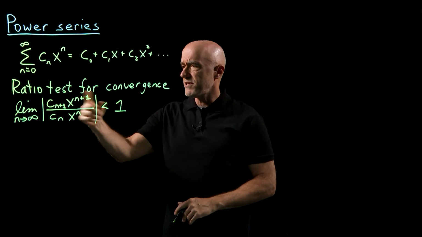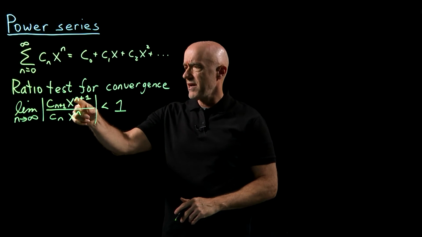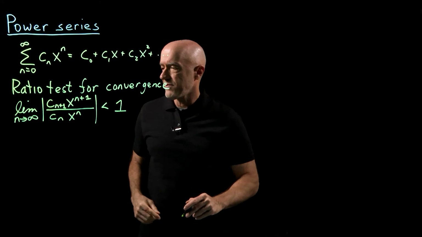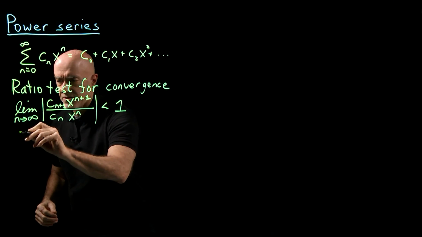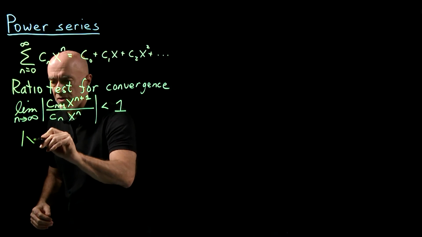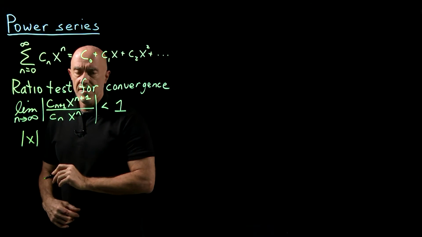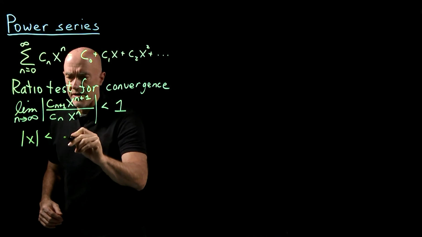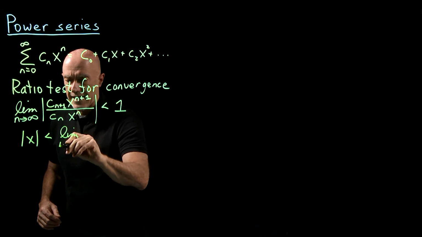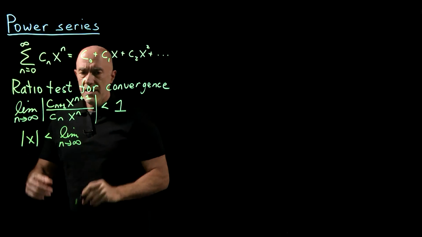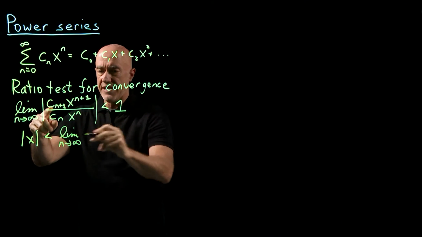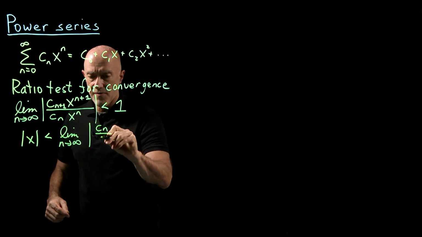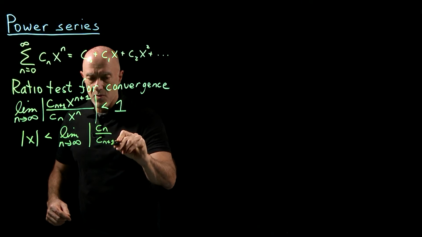So we can solve this for x. This is x to the n plus 1 over x to the n, the absolute value. So this says that when the absolute value of x is less than, and we still have a limit here, the limit as n goes to infinity, and we bring c sub n over c sub n plus 1 to the other side.